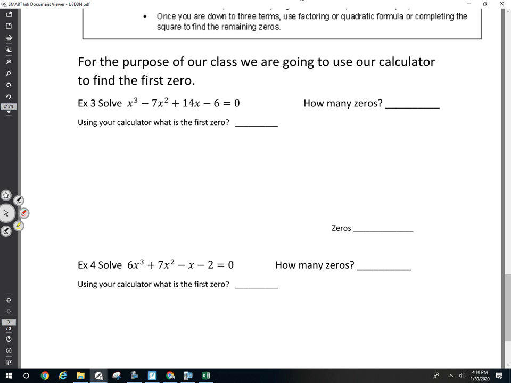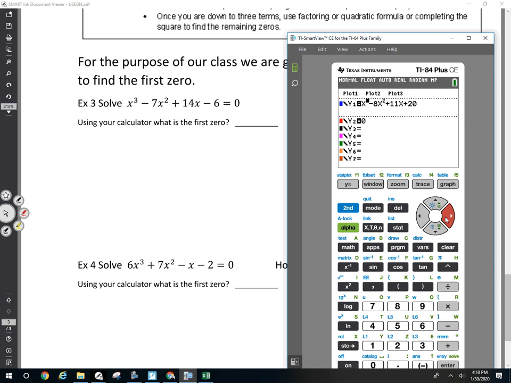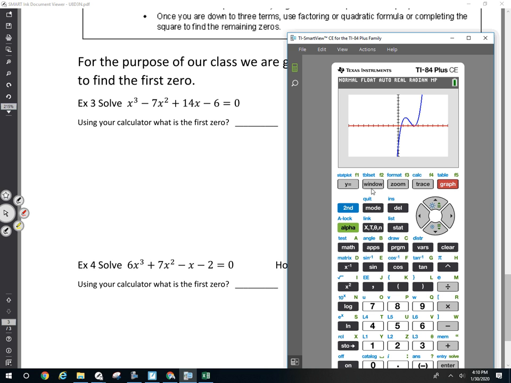Let's check this one out. x cubed minus 7x squared plus 14x minus 6. I don't know where this one is. I see a nice whole number over there at 3.